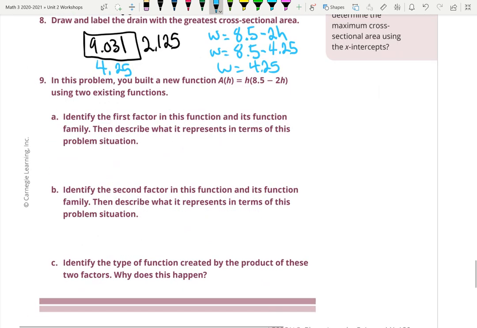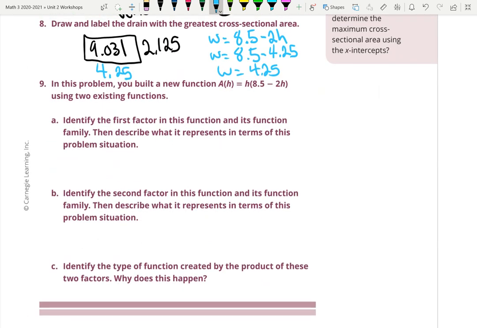To look at this further, we're going to continue to look at A of H and identify the first factor. Now, I just want you guys to kind of look at this. This is going to be two numbers being multiplied together. Think of this as simply A of H is equal to height times the base. That's how you find the area of a rectangle. You do base times height.